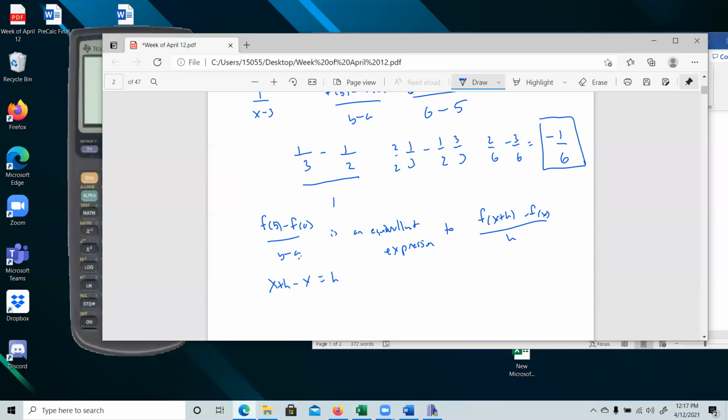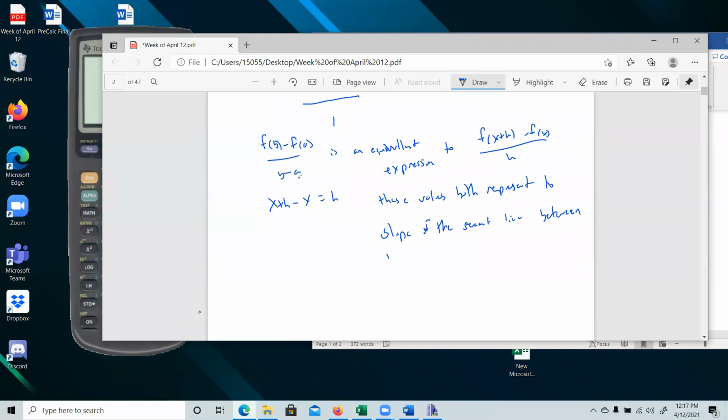Or these both represent, you know, these values both represent the slope of the secant line between the points five and 5 plus 1, which is 6.